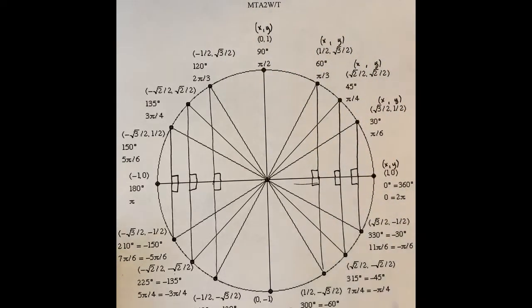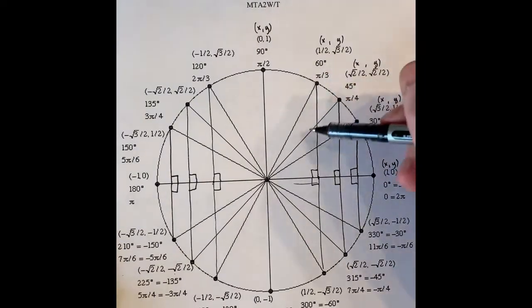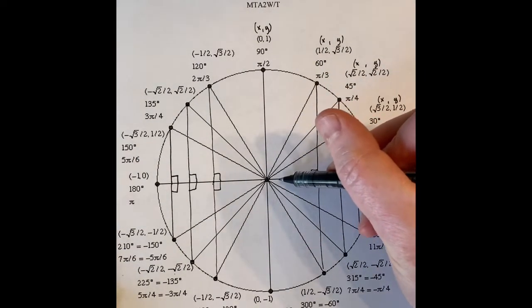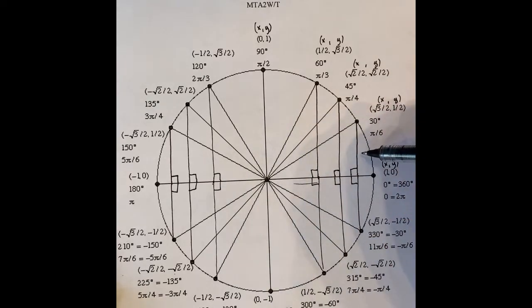And if you remember our trig functions, I can define trig functions a couple of different ways, okay? I can define them in terms of opposite and adjacent and hypotenuse, but I can also define them in terms of, for instance, sine. Say sine of this 30-degree angle. We would normally say opposite side over the hypotenuse. Well, the opposite is the y, right?